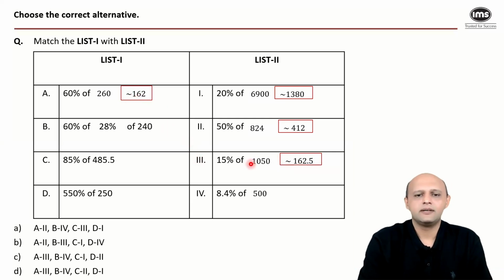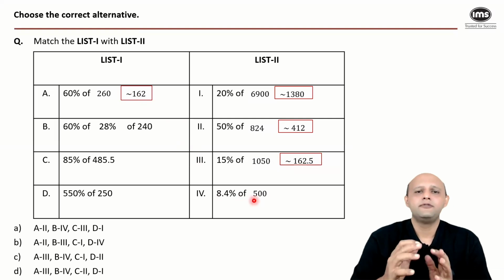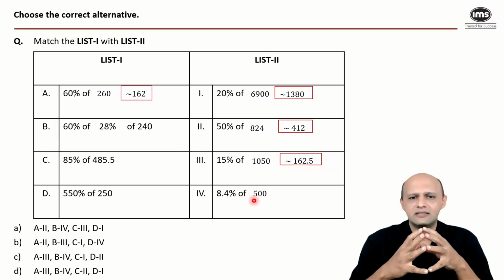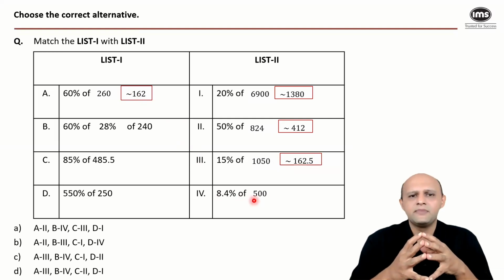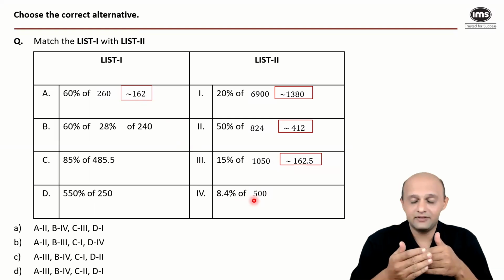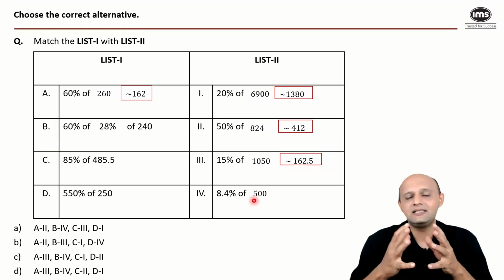Okay. So if you just go on with the final one, 480, you could find 8.4% of this, or you could assume this to be 500. No problem, because if you look at the set of values, friends, they are so wide apart from each other that taking 480 as even 500 should not change the answer too much.